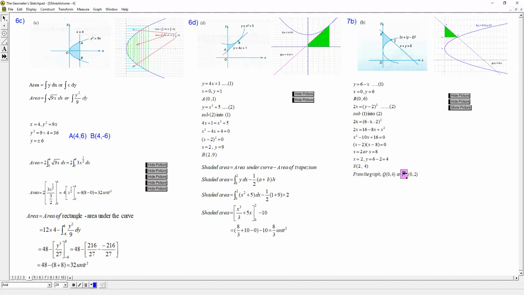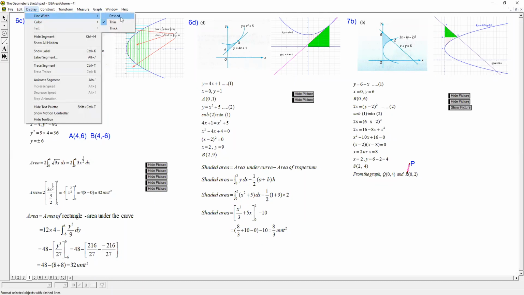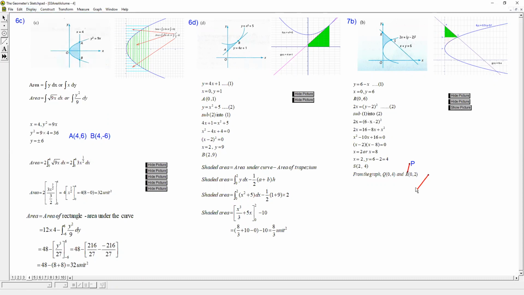This is P, not R. Okay, P is (0, 2). Okay, so this is not R, this is P. P is (0, 2), this point here.